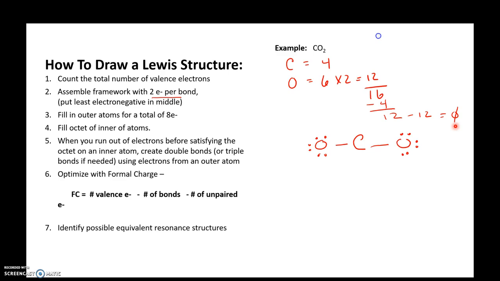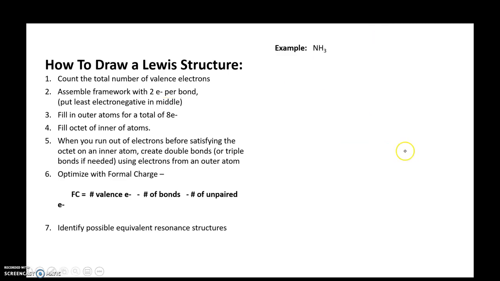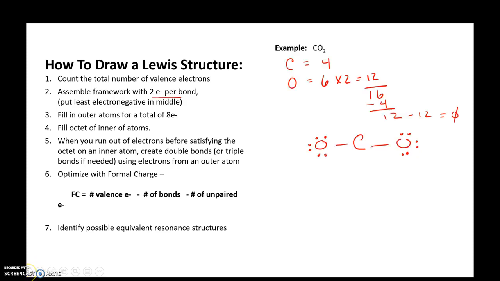So now I need to borrow 2. I need to borrow 2 from one oxygen and put it into a double bond, and I'm going to borrow 2 from that oxygen, and now carbon has an octet, as do the oxygens.